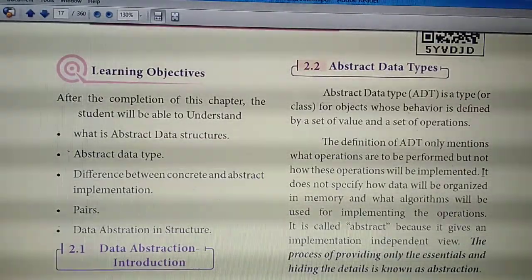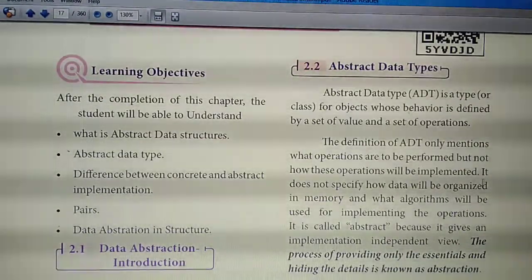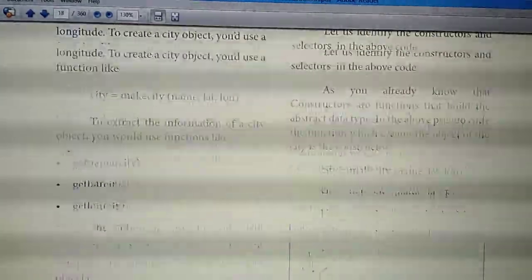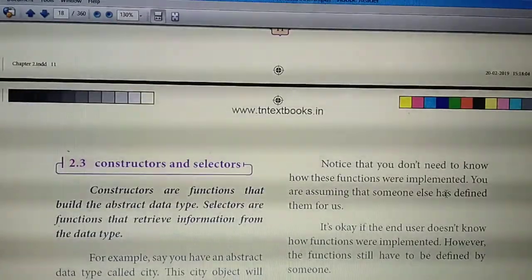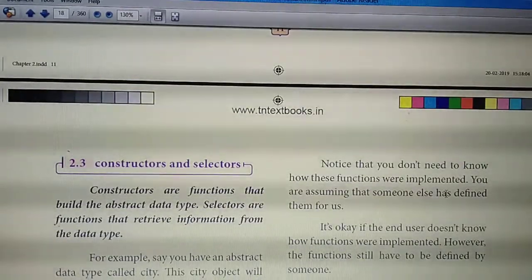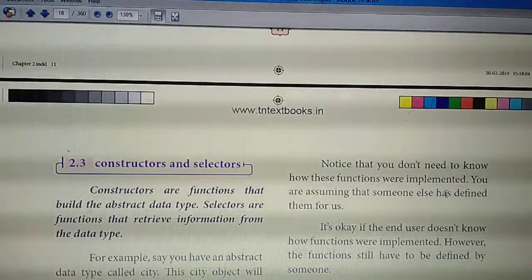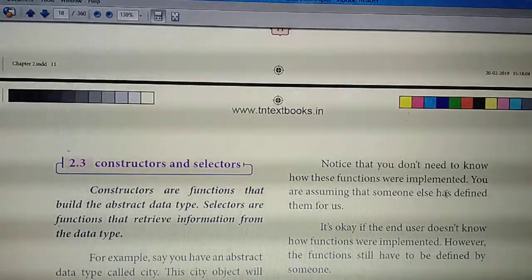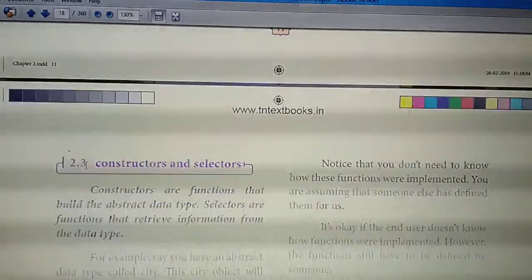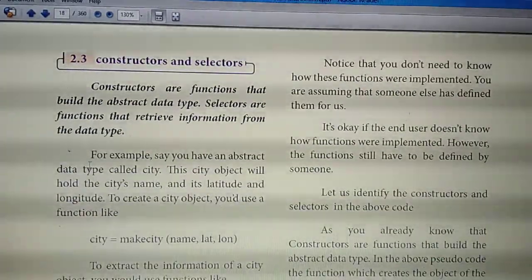Then second question, differentiate constructors and selectors. Take page number 12, next page. Here, point wise you need to write. Listen carefully, then only you can mark. 3 points you should mark.